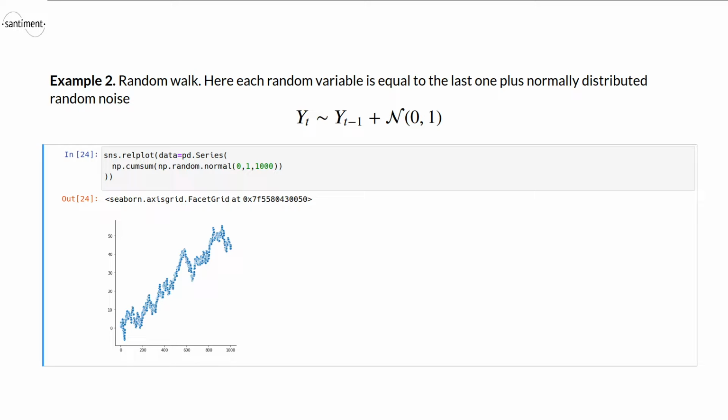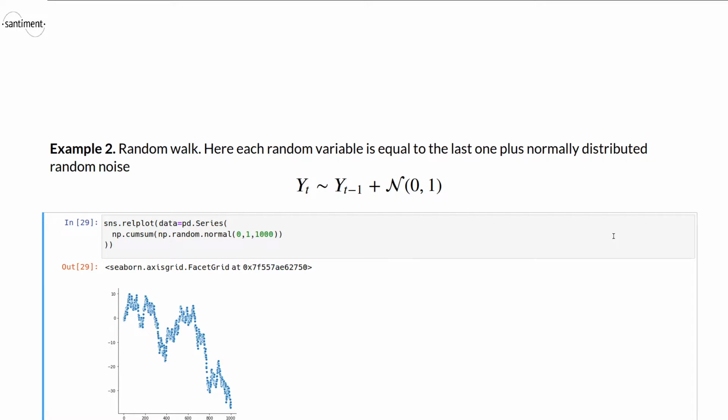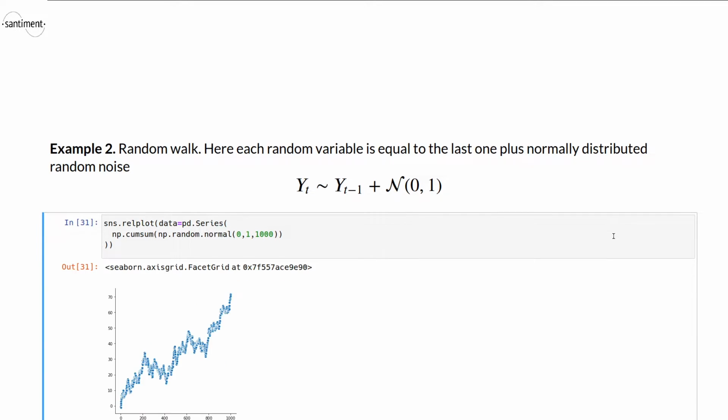This is one sample, but again we can draw many samples. You can see that, unlike the previous process, where basically all the samples look similar, for this process every sample that we draw is very different from the previous one. You see here some other samples. Basically, they can be very, very different.